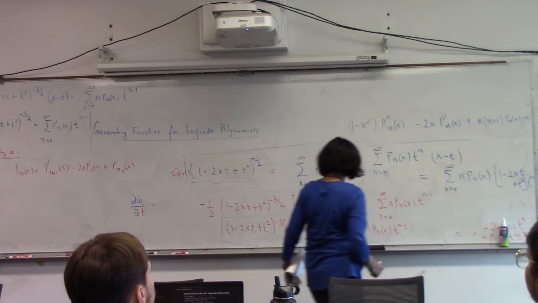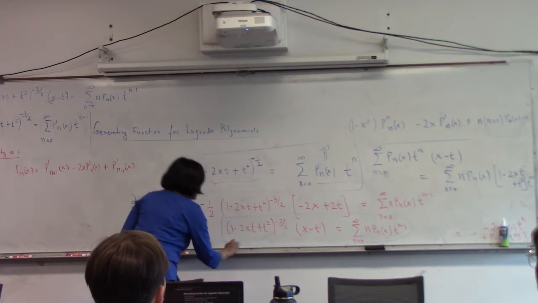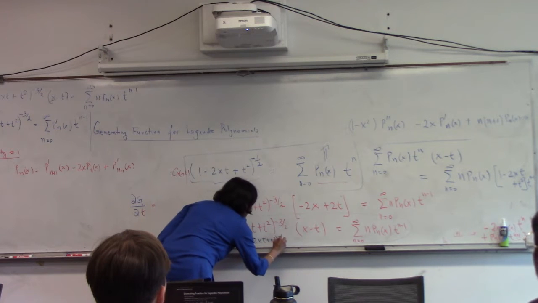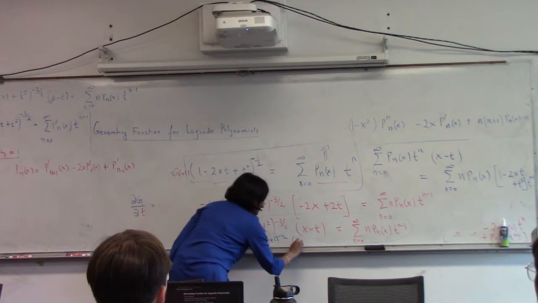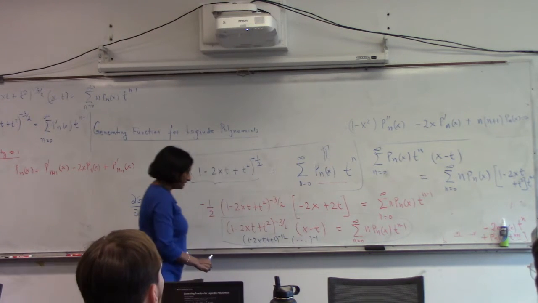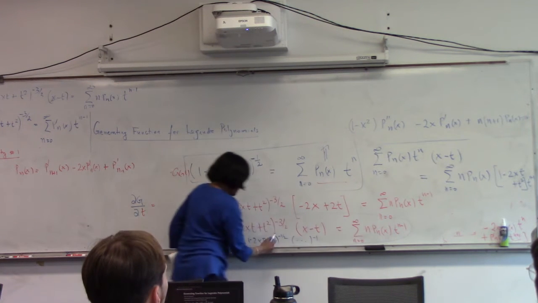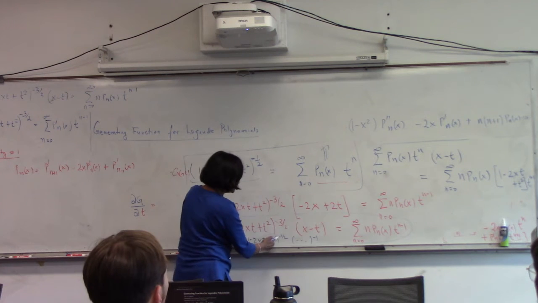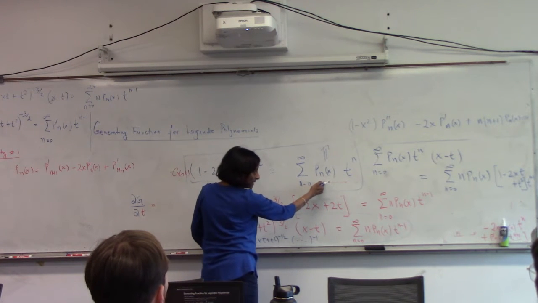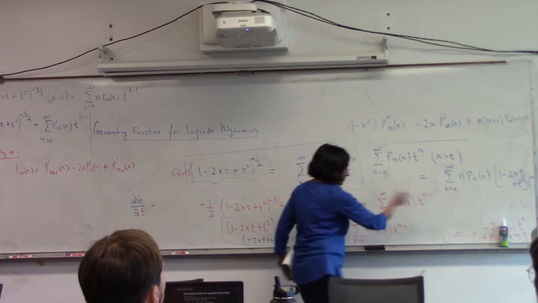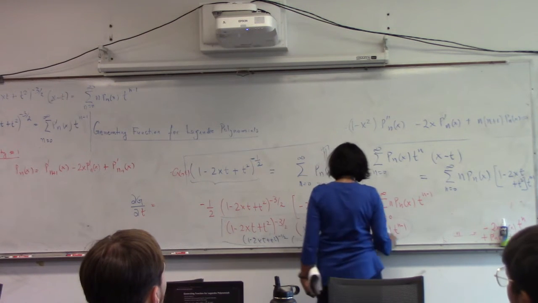Is this clear? I wrote this as 1 minus 2xt plus t squared to the negative half, and there is the same thing to the negative 1. Since it was in the denominator I took that to the other side, and this one I called that, right? Substitute that, and then I have x minus t. So then we can now look at the same powers of t and see what is happening.